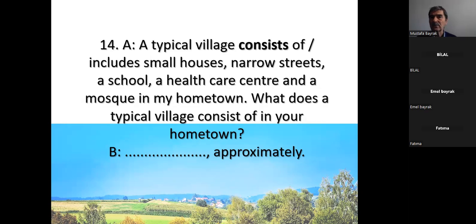Okay, a typical village includes small houses, both narrow and wide streets, of course, a school, a healthcare center. Approximately it includes the same things as well.